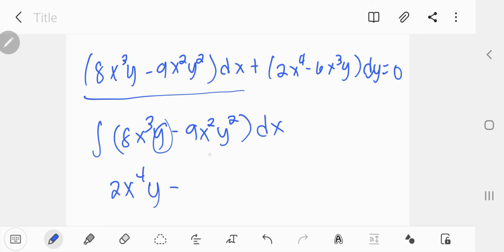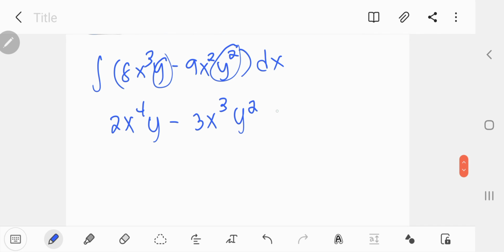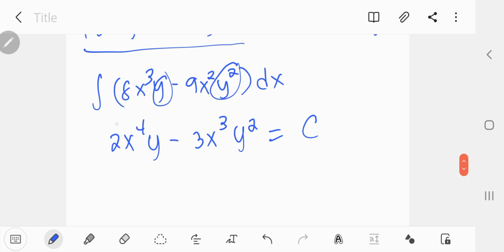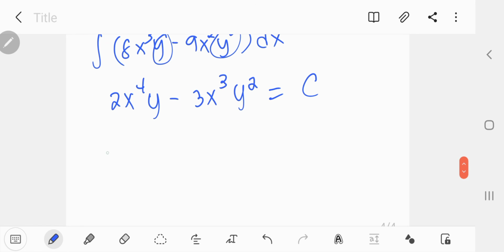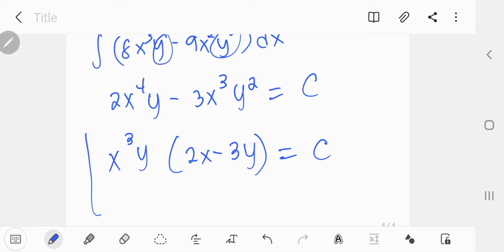Minus the integral of 9x squared, which is simply 3x cubed, and y squared is a constant, is equal to c. Now let us simplify it. So we have x cubed y (2x minus 3y) is equal to c. This is the final answer.